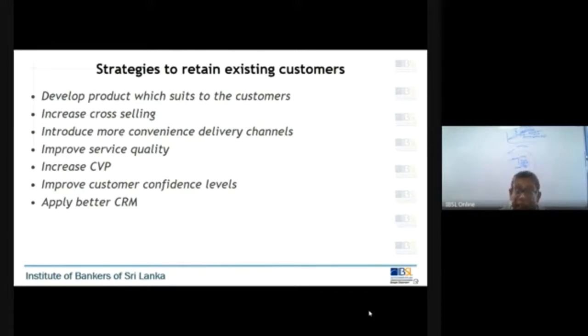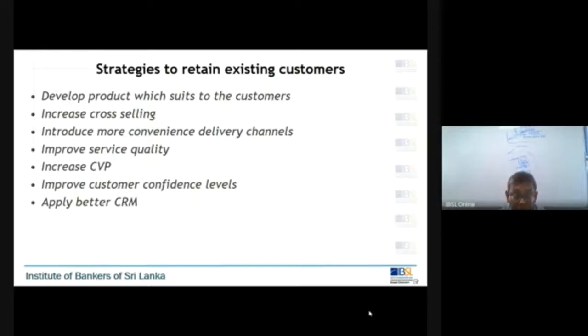Apply better CRM. CRM means customer relationship management. That is why certain banks have customer relations officers and customer relationship managers. Why? Because some good customers of your bank need to be looked after separately, right? That is what you call customer relationship management.